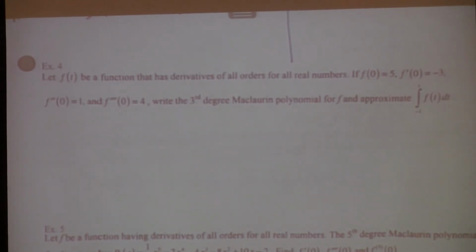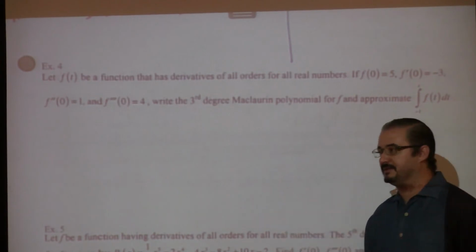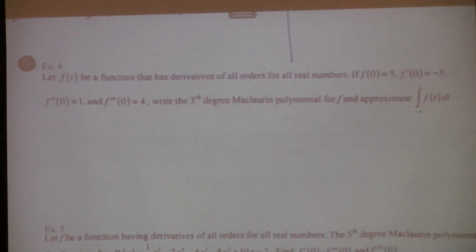Okay, so what do they want us to do here? Write the third degree Maclaurin polynomial, and then do what to it? Integrate it, right? From -1 to x. Okay? So, what are they giving us to be able to create that Maclaurin polynomial? The center. The coefficient.